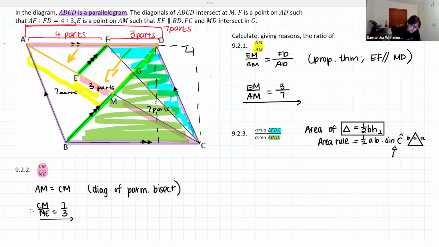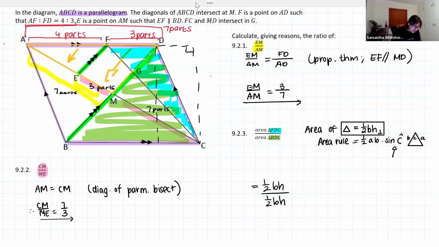And so when you think about the area rule, you've got half base times height divided by half base times height.